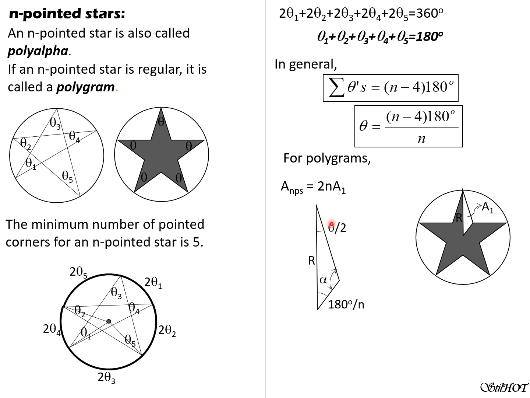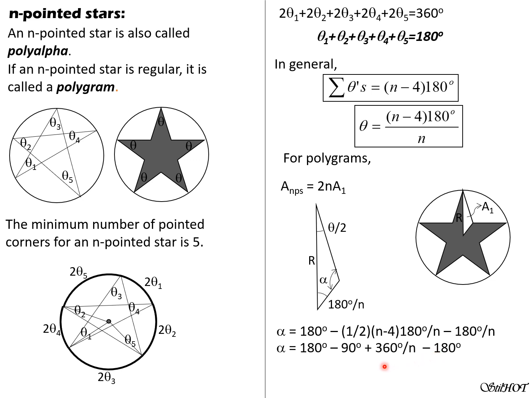All these have values or general expressions. So alpha is 180 degrees minus theta over 2, which is 1/2 of the formula n minus 4 times 180 degrees over n, then minus 180 degrees over n. Simplifying, alpha is 180 degrees minus 90 degrees plus 360 degrees over n minus 180 degrees over n. And 360 degrees over n minus 180 degrees over n is 180 degrees over n, while 180 degrees minus 90 is 90. So alpha is 90 degrees plus 180 degrees over n.